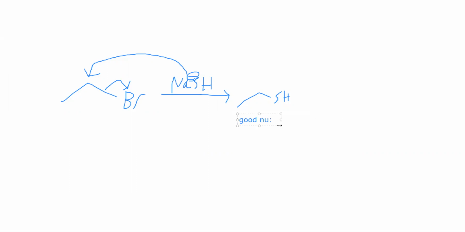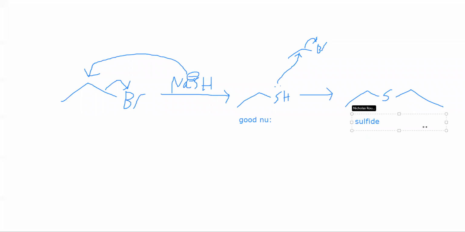It's going to react with another alkyl halide, and there's not an easy way to stop this, so you end up with a sulfide if you try to form a thiol from an SN2 reaction with SH minus. If that's what you want, then this is a way to form them, but if that's not what you want, then you have to do something else to form a thiol.